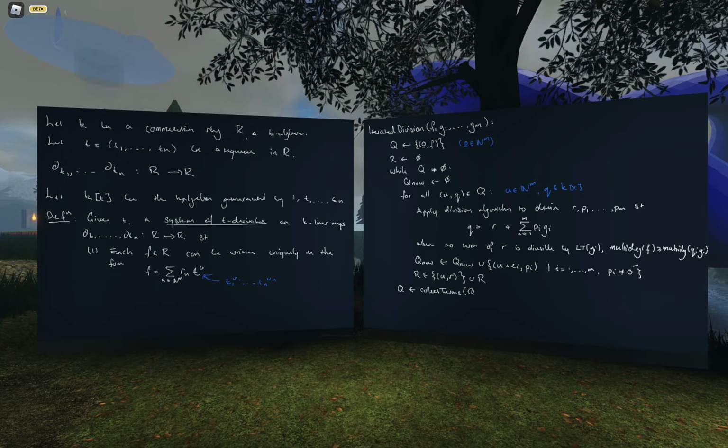So it needs some conditions on these coefficients, such that each r_u lives in the common kernel of all of these ∂/∂Ti maps, right? And finitely many r_u are non-zero. So this is actually a sum. Okay.